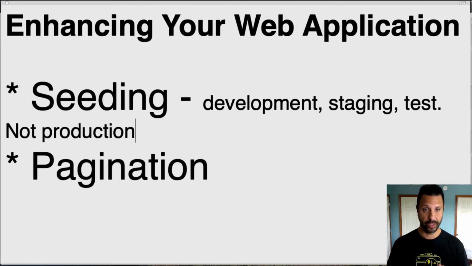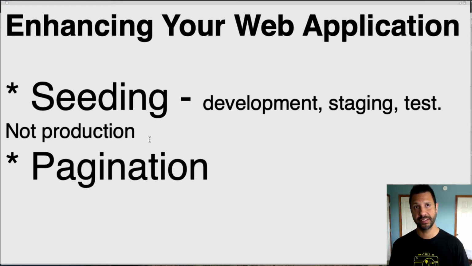If you're adding real users, real products, etc., that's going to add data itself. You don't want to seed that. And what often comes with seeding is a lot of deleting of data, editing of data. So it has to be fake, or it just doesn't make sense to have it on your production site. So definitely for development, staging, and test type environments. So something to keep in mind.